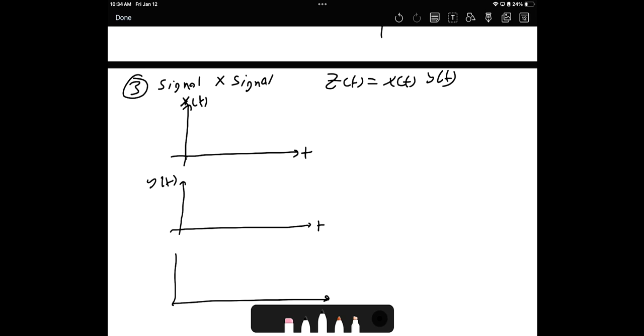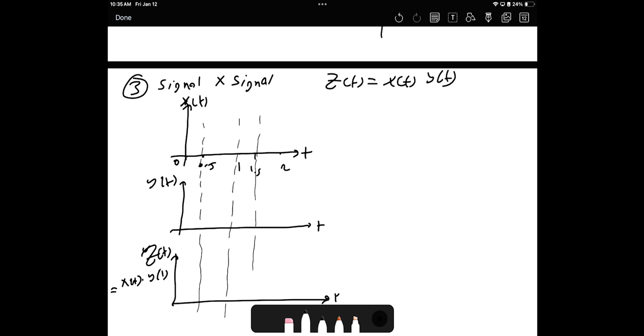I prefer to make the guidelines. The guidelines will be divided here. So let's use time 0, 0.5, 1, 1.5, 2. So the guidelines for 0.5, guidelines for 1, guidelines for 1.5, guidelines for 2.